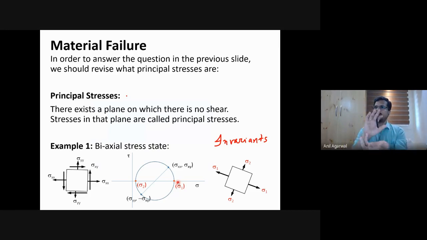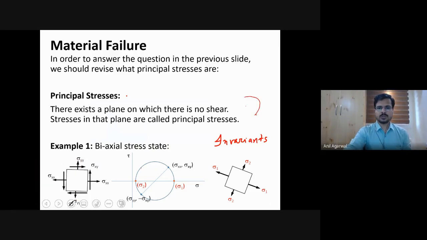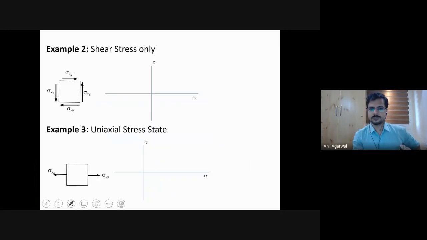No matter what orientation you pick for this particular element, whether you pick this orientation or this orientation or this orientation, your sigma 1 and sigma 2 values will not change. That is, your principal stresses will not change. That is why they are called invariants.